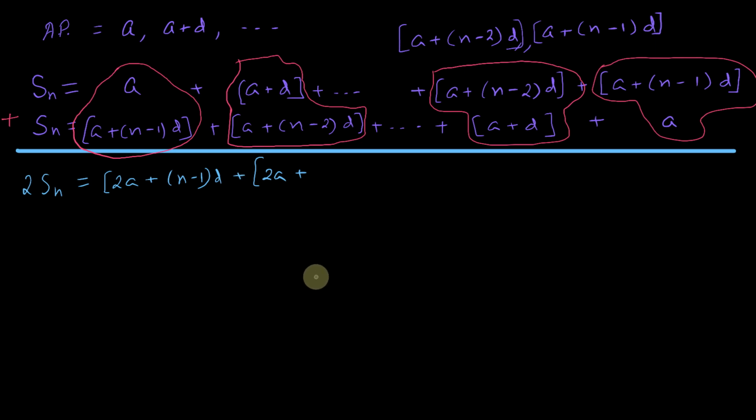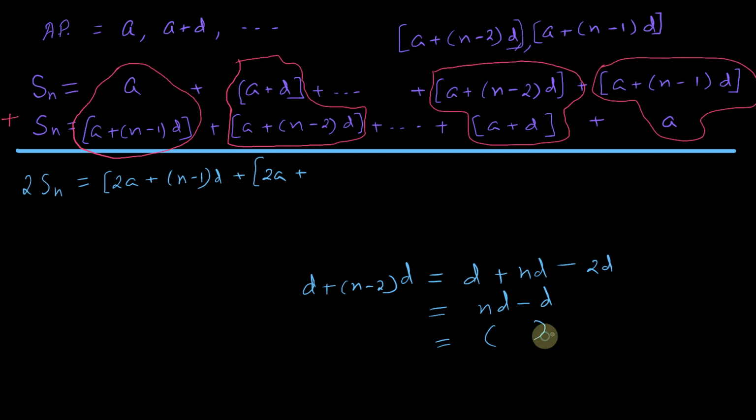Let's calculate it. d plus n minus 2 d. It will become d plus nd plus into minus minus 2d. So it becomes nd. d minus 2d is minus d.